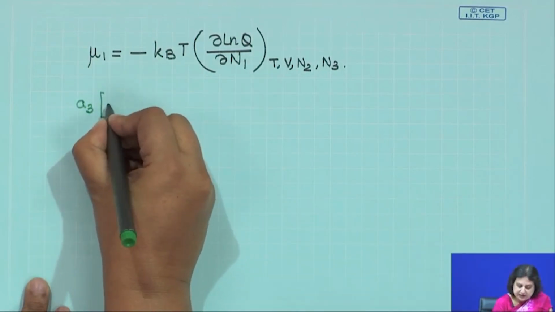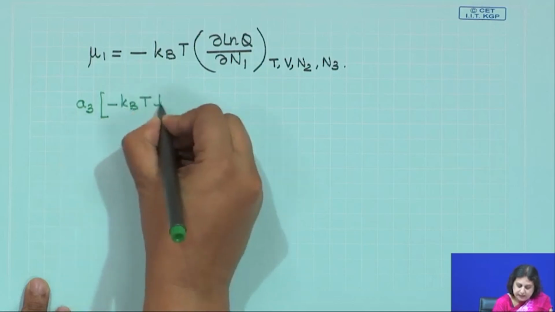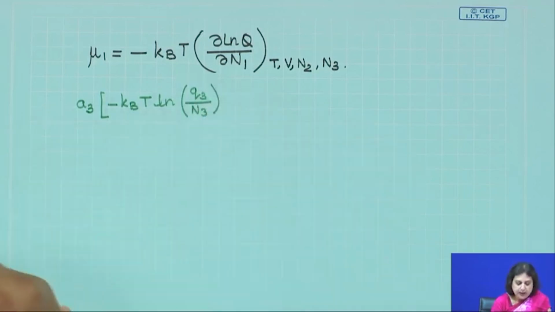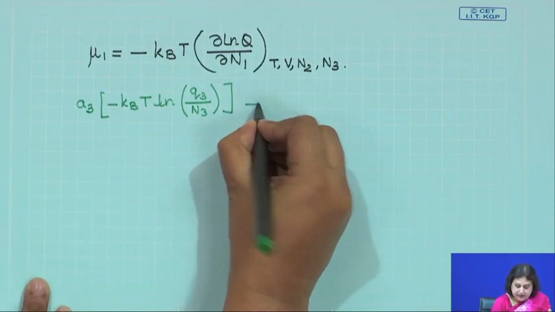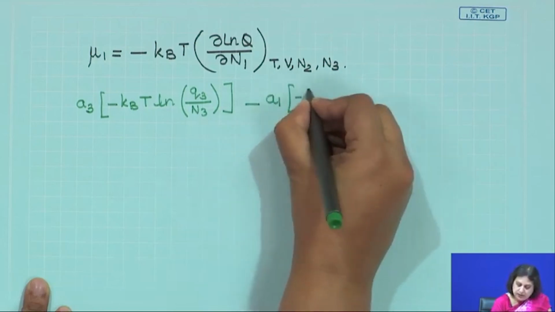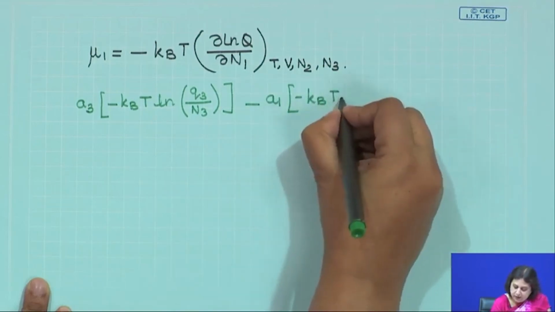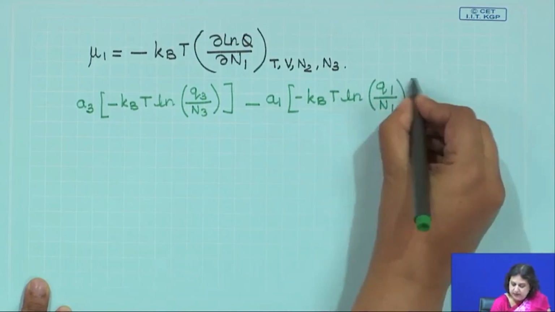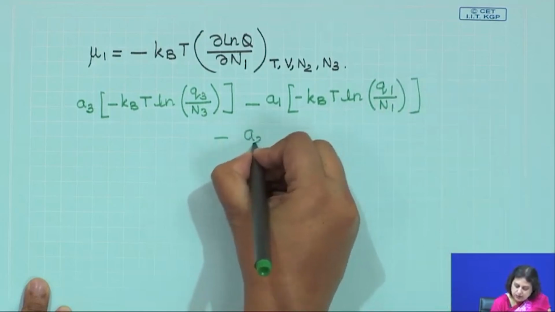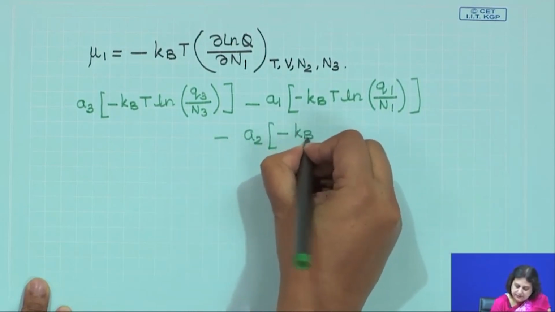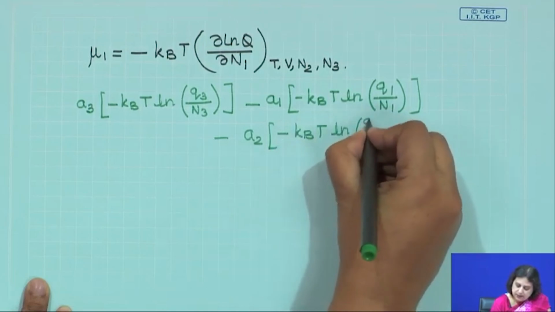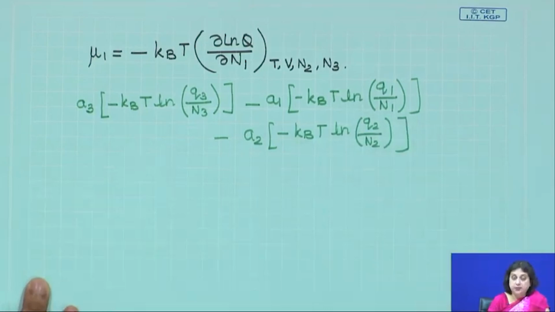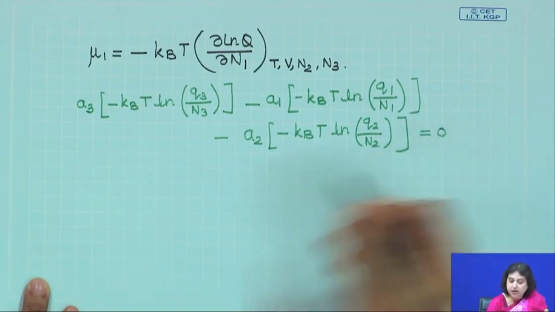So, what is mu 3? That is minus kBT ln Q3 by N3. Then I have minus A1 into the same expression that I have for mu 1 being put in here. So, this is given by this, then minus A2 into minus kBT ln the contribution coming from Q2 and N2, and therefore, at equilibrium I must have this quantity equal to 0.